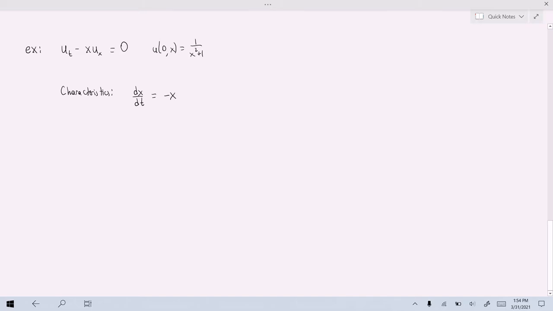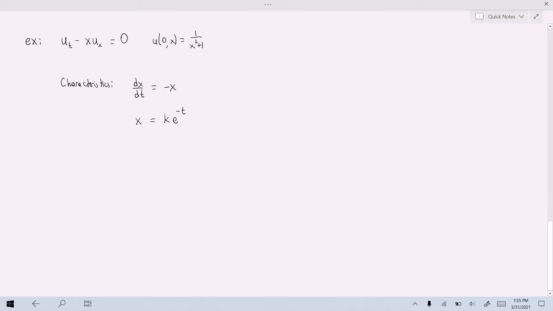All right, so we can solve this differential equation for x right now. The solution should be, x should be some constant, which I'll call k, times e to the negative t. Then this time the characteristics are not going to be straight lines, but exponential curves.